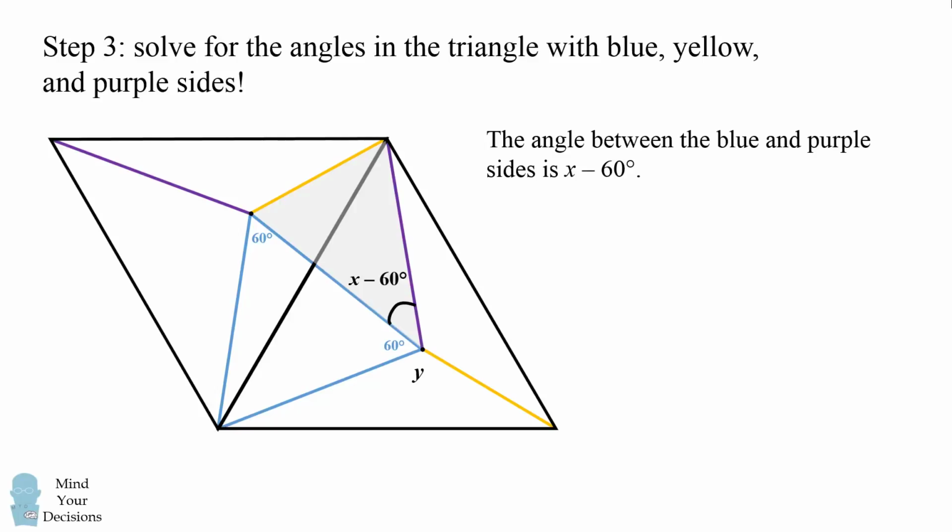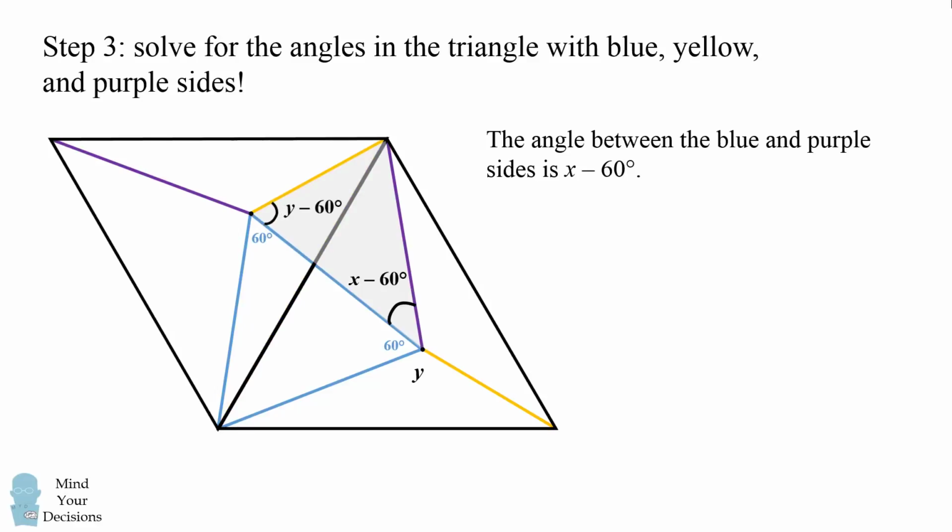Next, we'll solve for the angle between the yellow and the blue side. This can be done because in the original triangle, this angle is y. When we rotate the triangle, we know that the corresponding angle will be y, and the angle that we're looking for will be y minus 60.